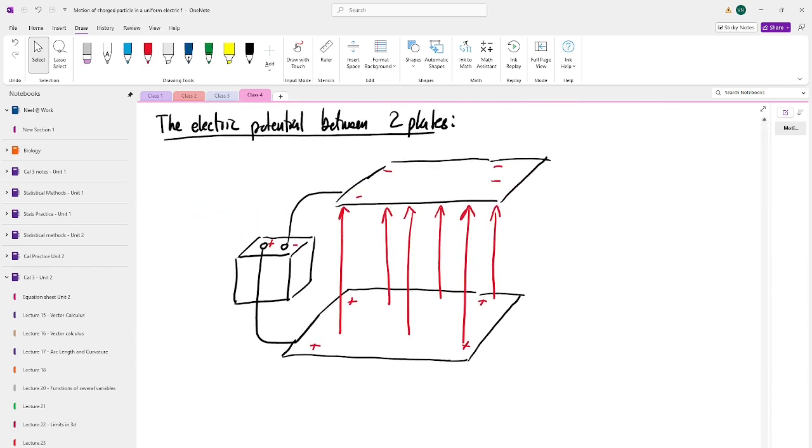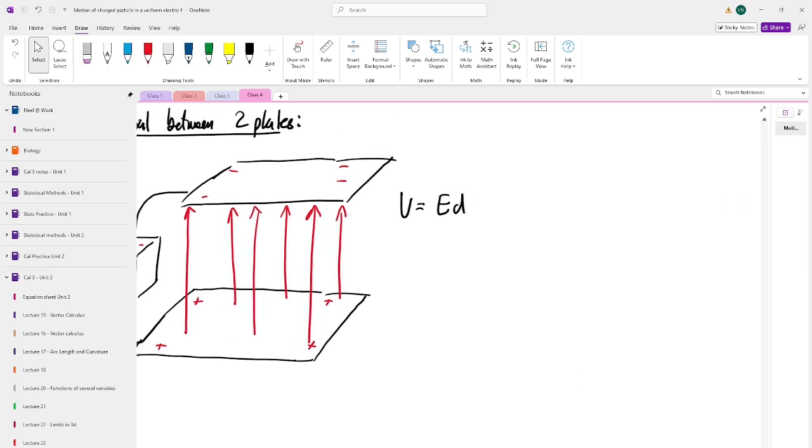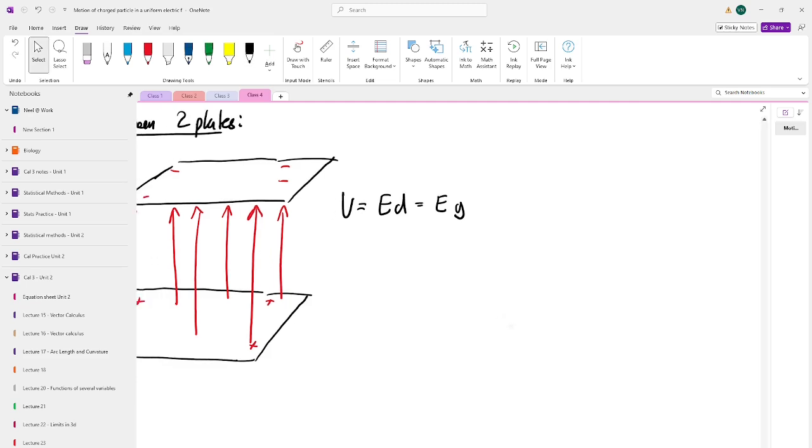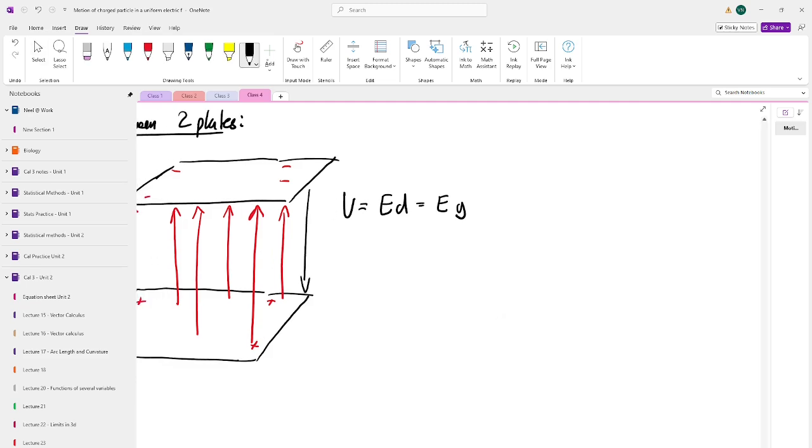And so what we have is that the potential is going to be equal to the E field multiplied by the distance, or I guess it's equivalent to saying EY, right? Because we could call this thing Y, the distance between both of them.